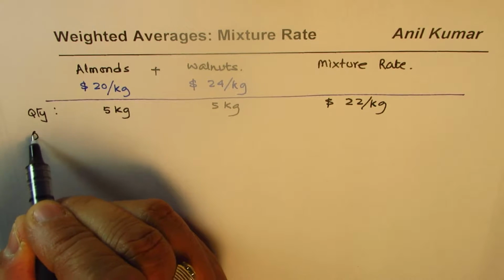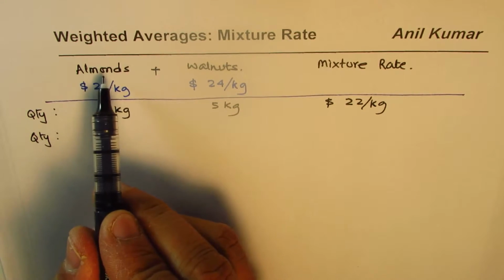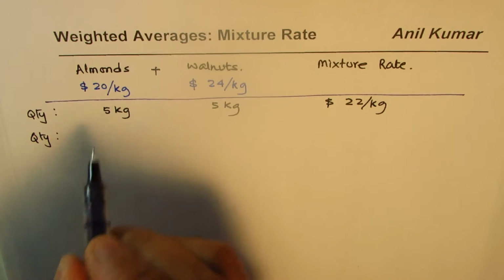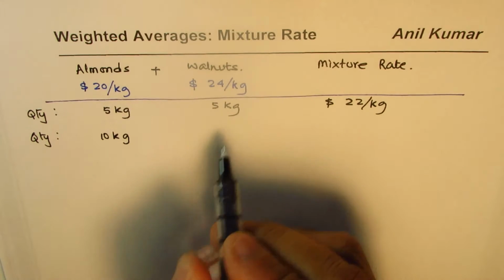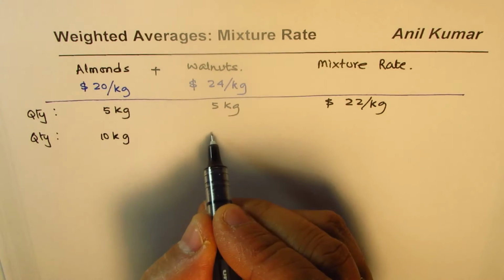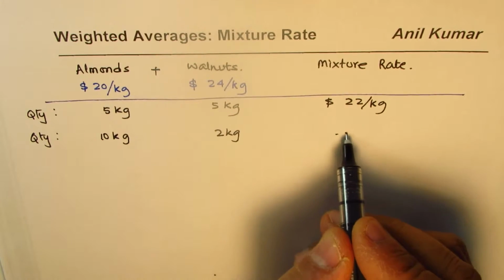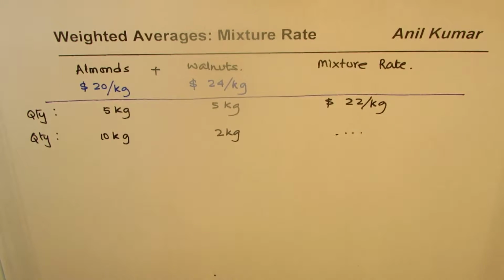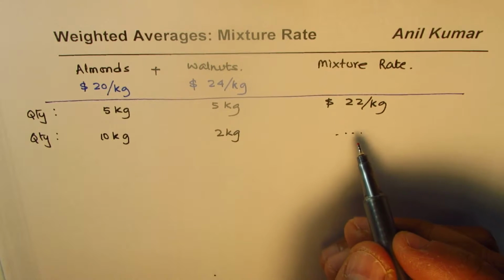And if I change the quantity to make almonds more in quantity, let's say we use 10 kg of almonds and only 2 kg of walnuts, what should be the rate? We'll calculate it, but let's estimate.